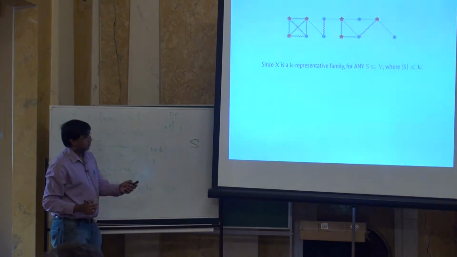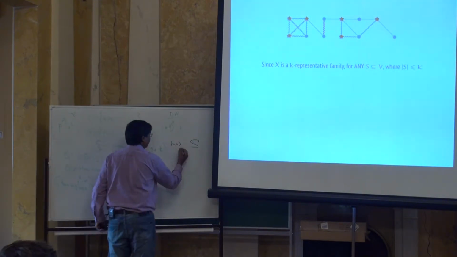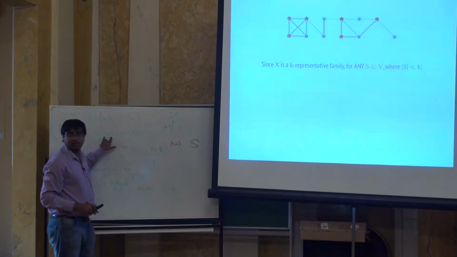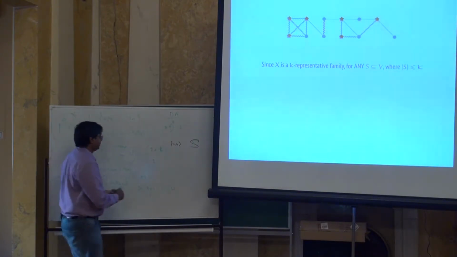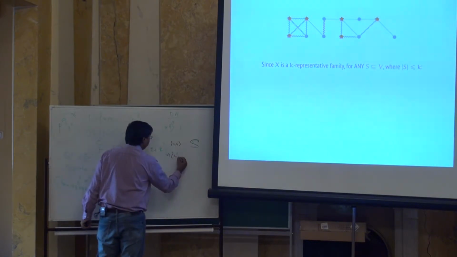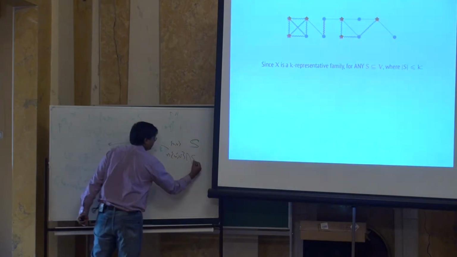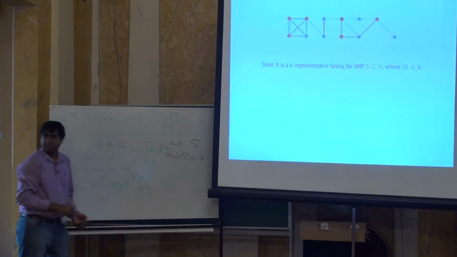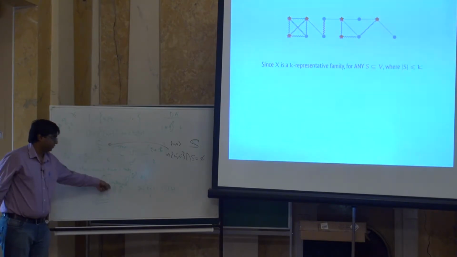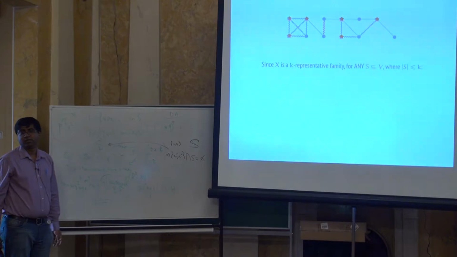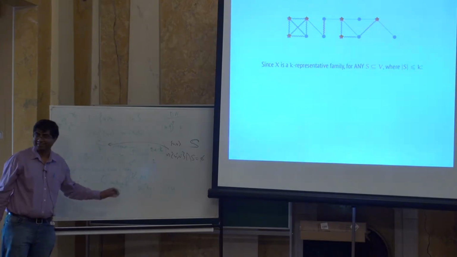Because there is some edge which it does not hit. Suppose it does not hit UV. Now UV is here and its intersection with S is empty. This implies there is some U prime, V prime in F hat whose intersection with S is also empty. But you said that S is a vertex cover of this. It's not possible. So you see, you can apply a non-trivial algorithm to compute these kernels.